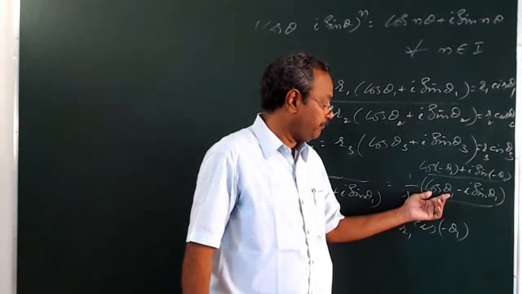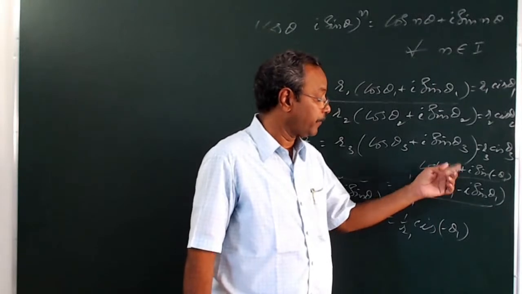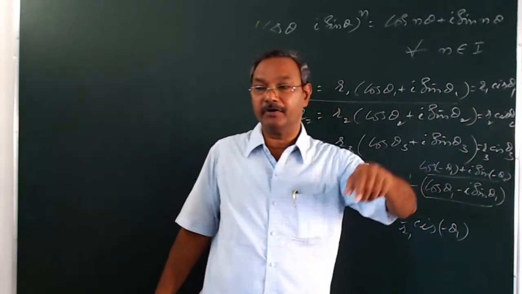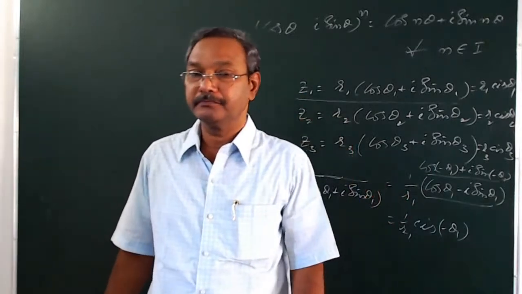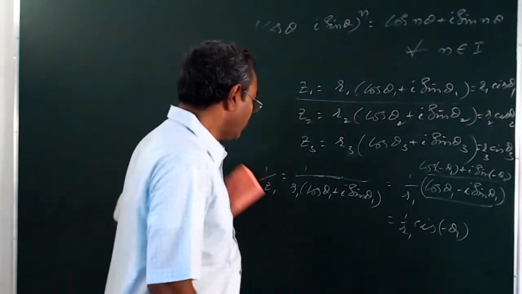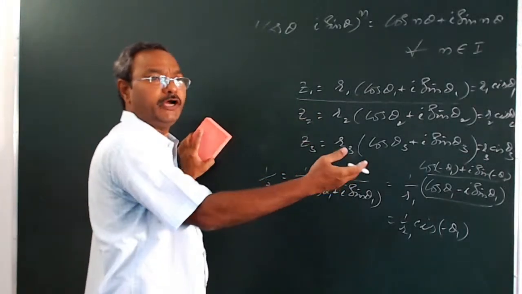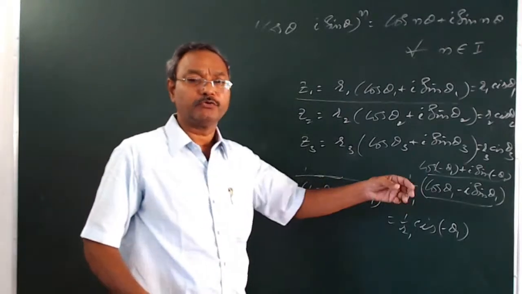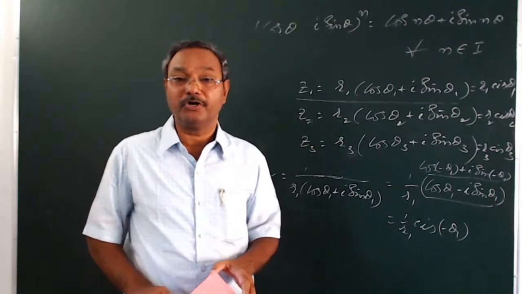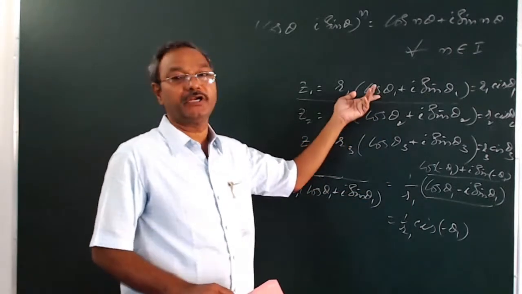Because cosine is an even function, you can replace cos theta 1 with cos of minus theta 1. And you can replace minus sin theta 1 with sin of minus theta 1, because sin is an odd function. Okay. So, the reciprocal of a complex number: all that you have to do is take the reciprocal of the modulus of the given complex number, and the amplitude is the negative of the amplitude of the original complex number.